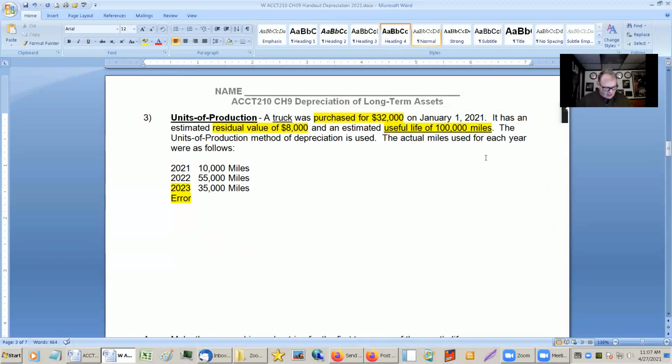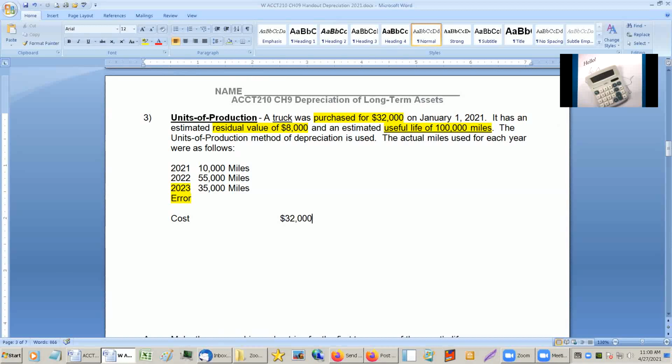We take our cost, which is $32,000, and the residual value is $8,000.